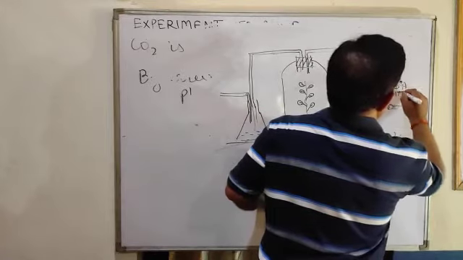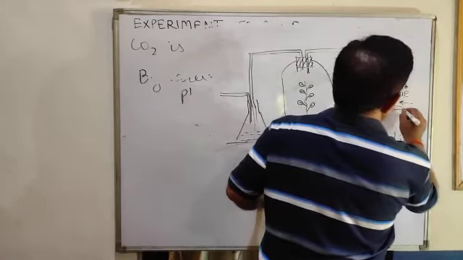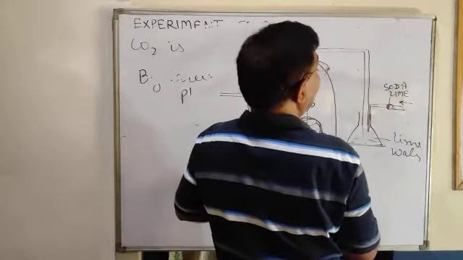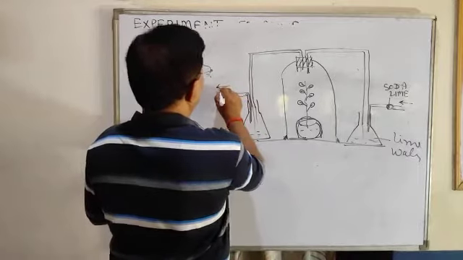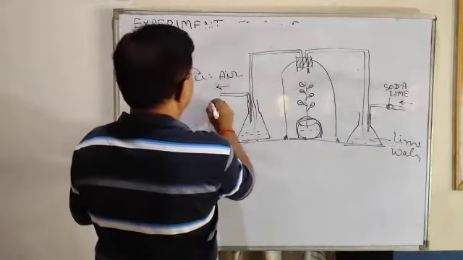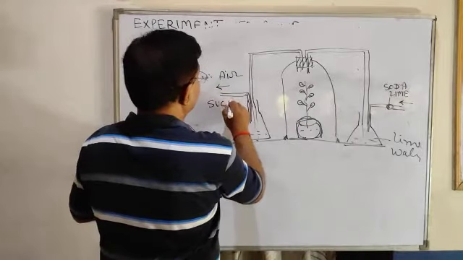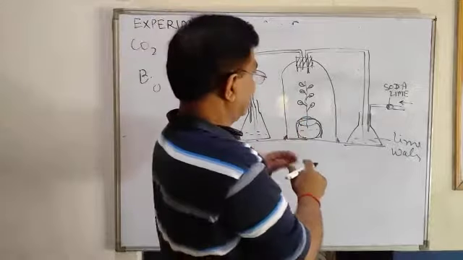Soda lime is kept and air enters through this pipe and comes out through this pipe. Suction pipe is there, and air is sucked from this side.